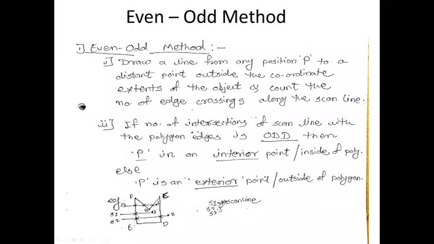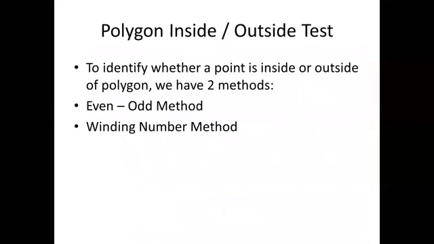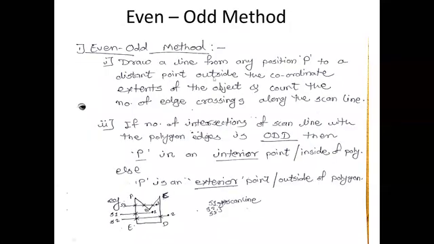So that's why we have to use these methods. Consider pixel 1, which you want to identify as inside or outside. We have to draw a scan line: draw a line from any position P, this is pixel 1, to a distant point which is outside the coordinate extents. For this polygon, the extent coordinate is AE or CD, the leftmost extent, so we will draw the line from this one.